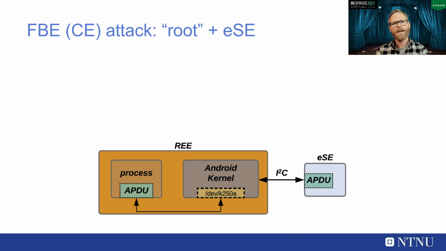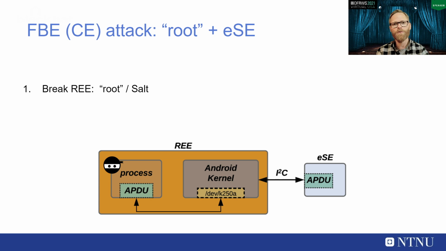So our attack looked at doing exactly this. To summarize, we first break the rich execution environment. That is similar to what we call a root. There are two reasons for this. The first reason is to get hold of the salt, of course, but also to be able to spawn a system privileged process that can actually talk to the secure element.